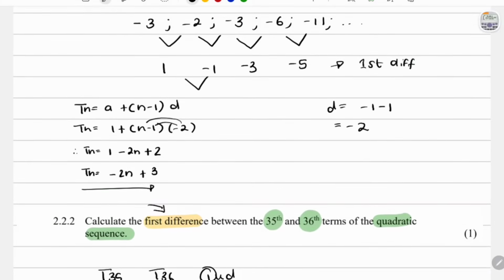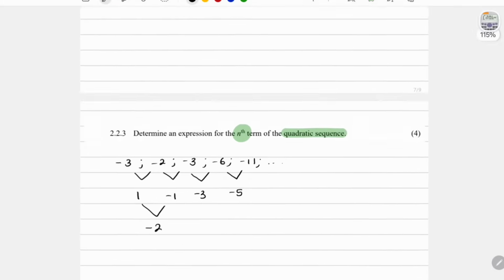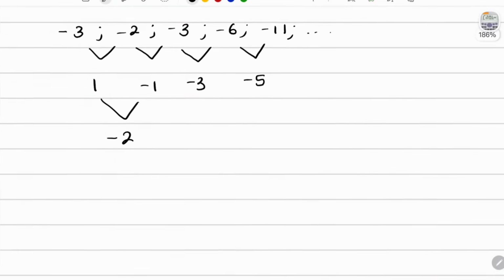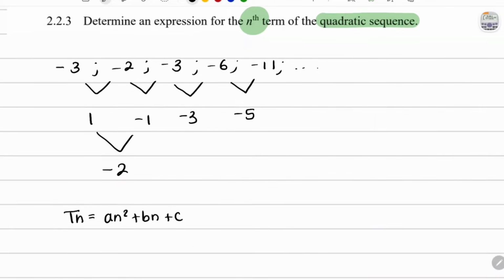We found that already from here, okay? The second constant difference, that minus that, is negative 2. So we're just going to go ahead and find the Tn formula. Remember that the general formula of a quadratic number pattern is Tn equals an squared plus bn plus c. So we just need to find a, b, and c.